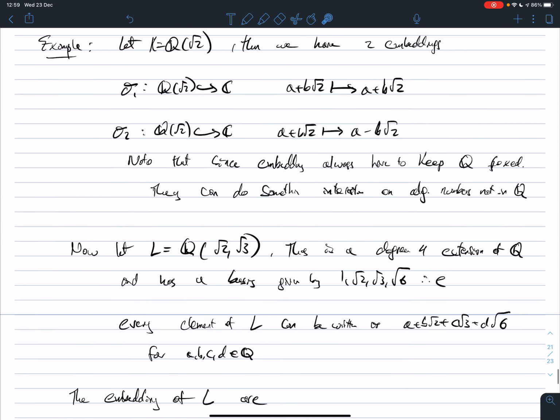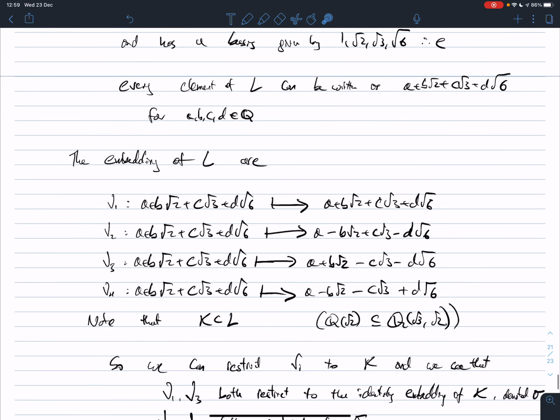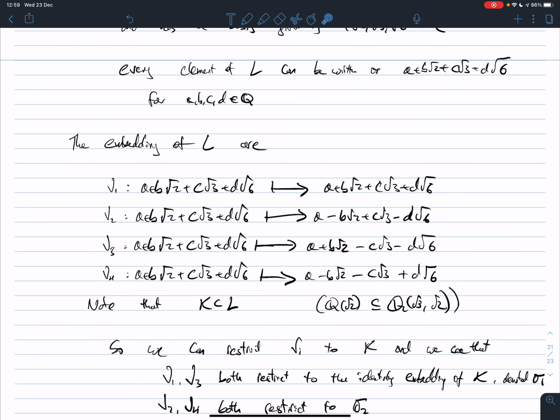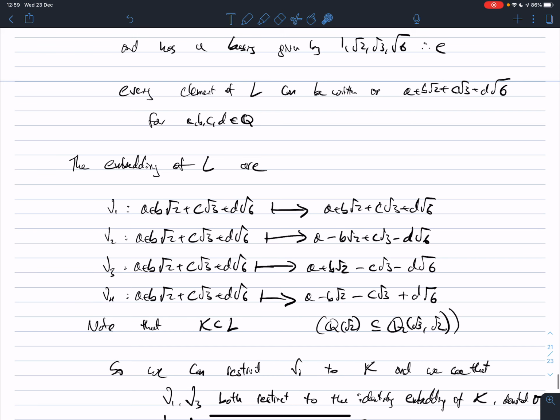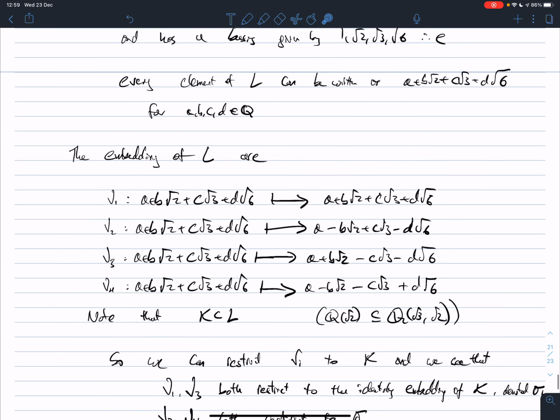The number of embeddings of K is 2, and the number of extensions of embeddings, so how many ways you can extend an embedding from K into L, is the degree of L over Q divided by the degree of K over Q. So in this case, it's 2.